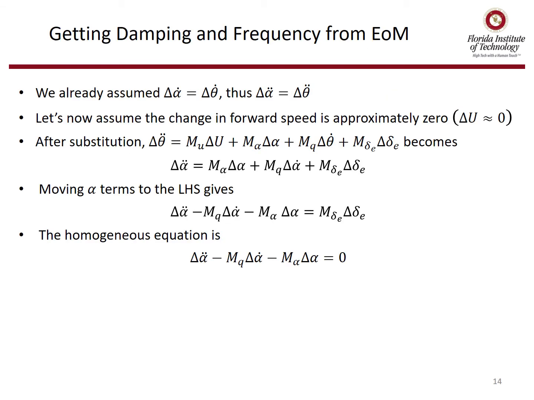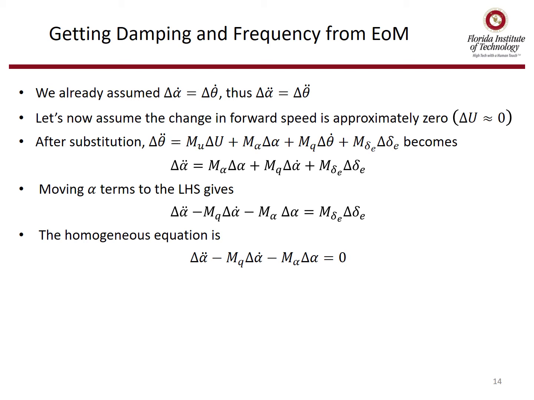Let's now see if we can pull out damping and frequency from one of the equations of motion. The equation of motion we'll look at is our pitch acceleration, or delta theta double dot equation. So we've already assumed that delta alpha dot was the same as delta theta dot.